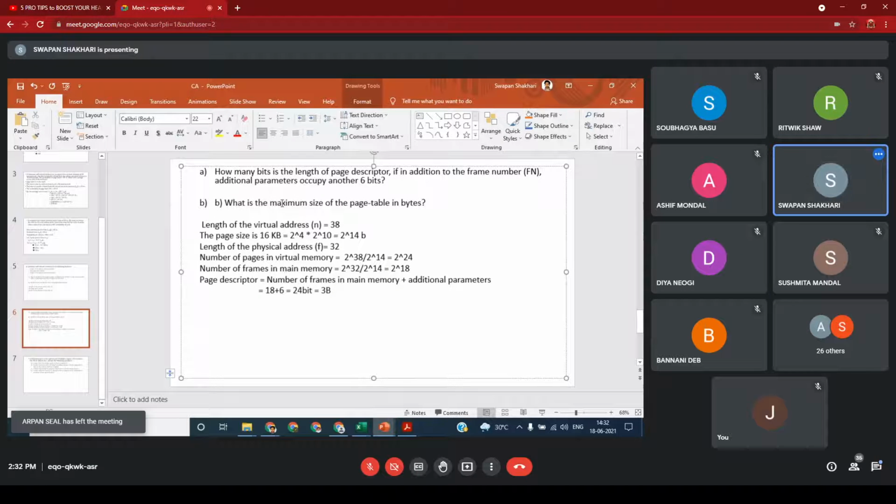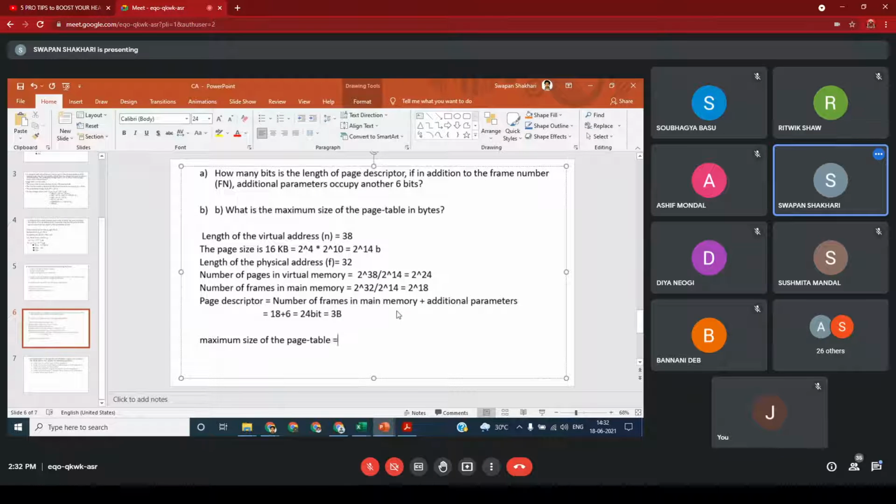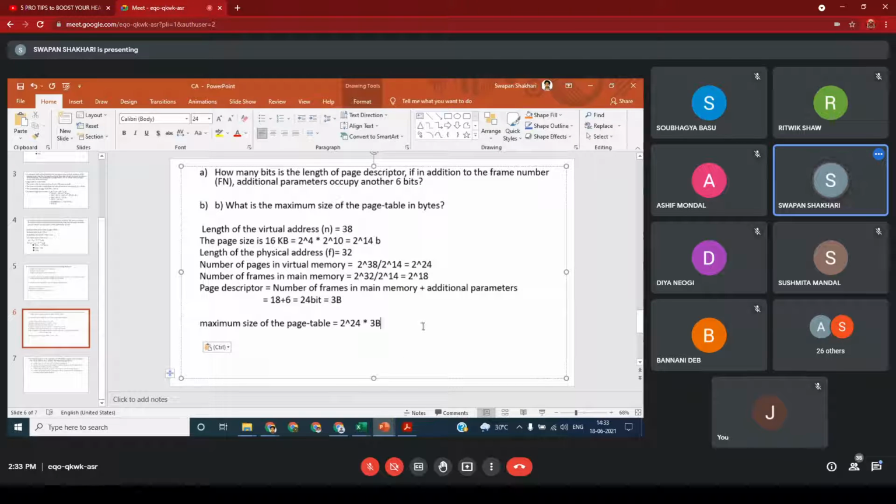So maximum size of the page table equals this one multiplied by 3 bytes for every entry.